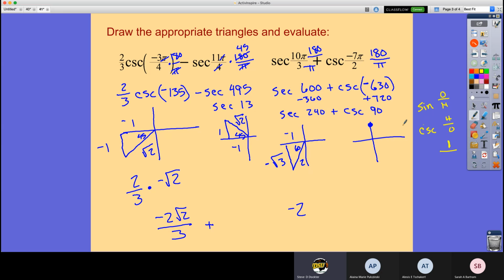The opposite side is always your change in y. Well, your change in y here from the origin to that point is also a 1. So it's going to be 1 over 1 there. So we're going to take that -2 from the first one and add 1 to it. And you get an answer of -1.